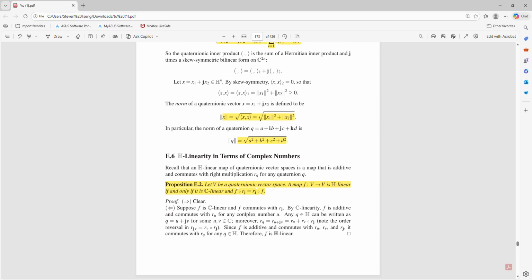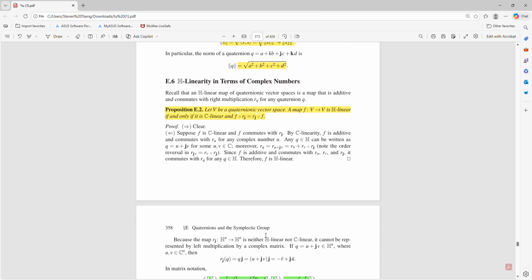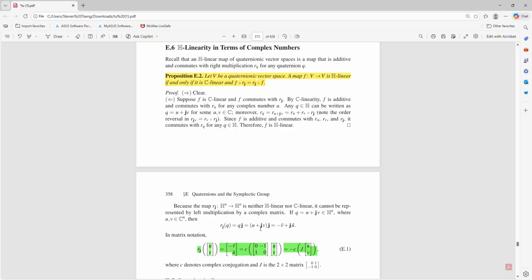Okay. Next, we are talking about H linearity. Let us see the property.